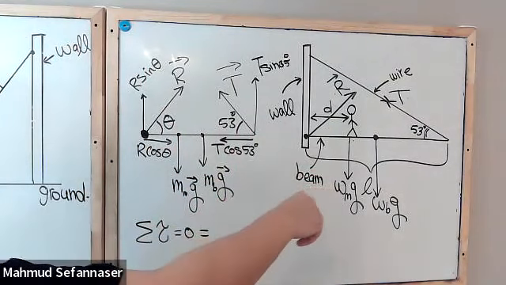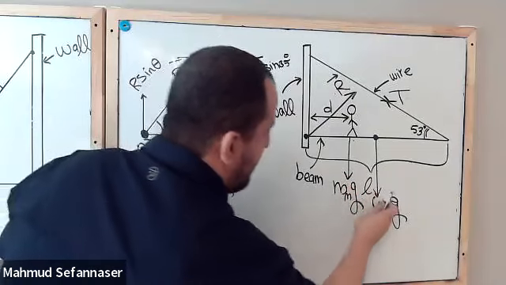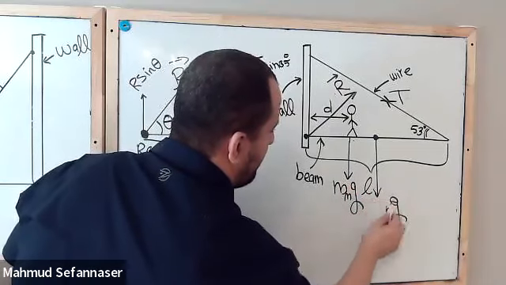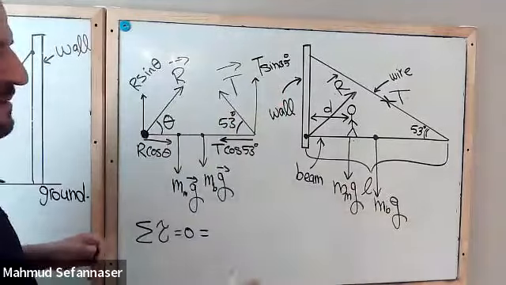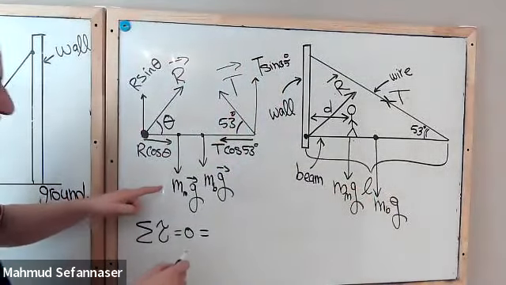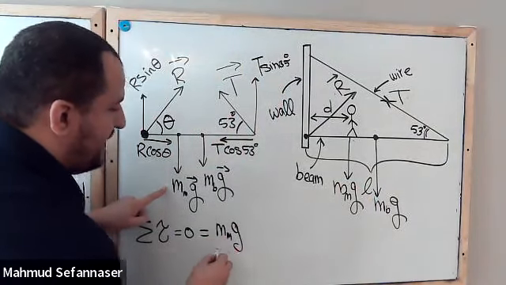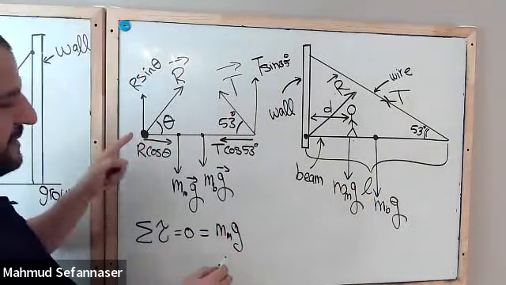Yeah, so that's correct. Again, the same mistake here. So mass of the man and mass of the beam. So that's correct, guys. This is a force and this is a force.